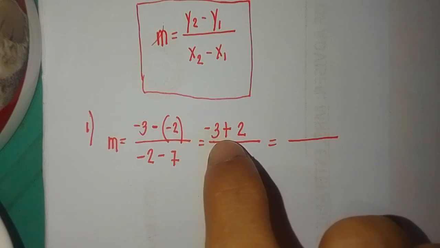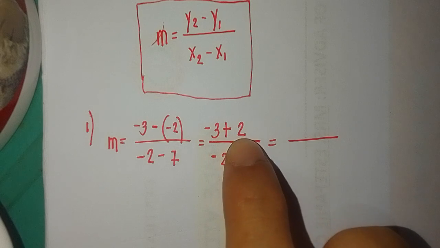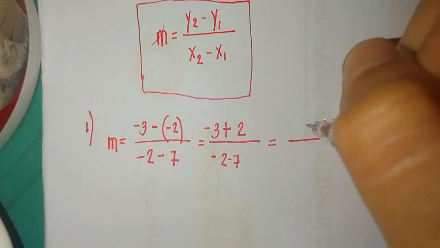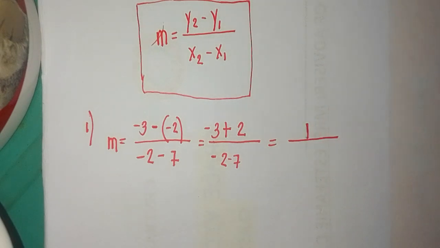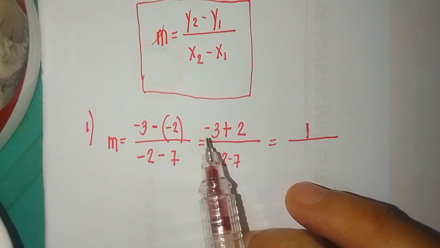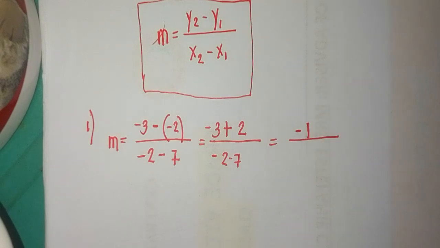So, if we combine terms with different signs, that means we have to subtract the values. So, 3 and 2, subtracting 2 from 3 is 1. After subtracting is the sign. We have to follow the sign of the greater value. Now, between 3 and 2, the greater value is 3 and its sign is negative, so we have to copy the negative sign.